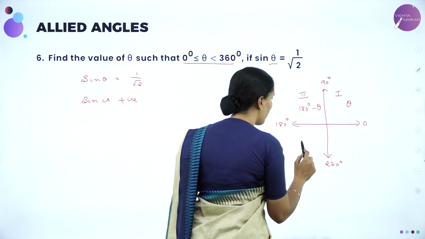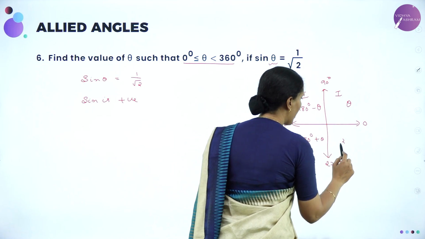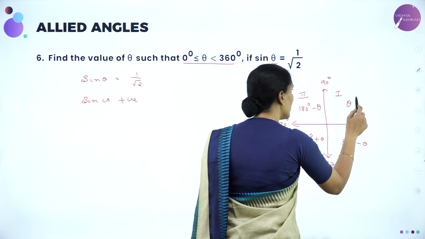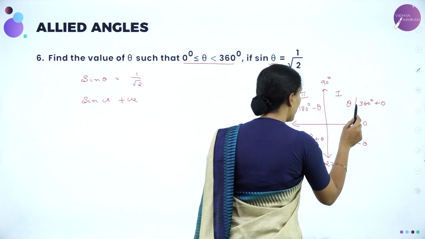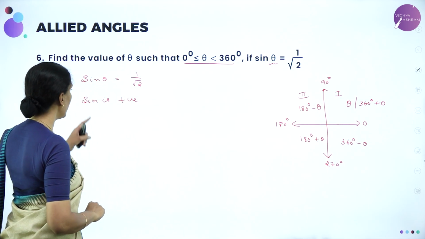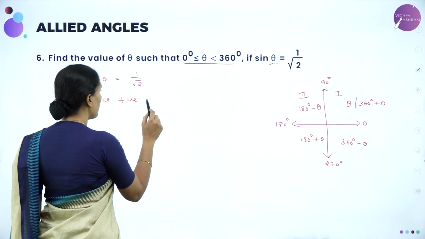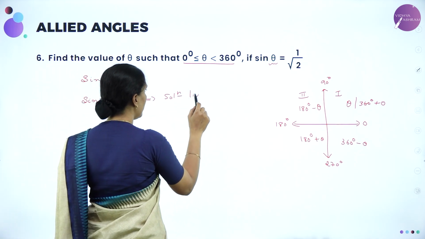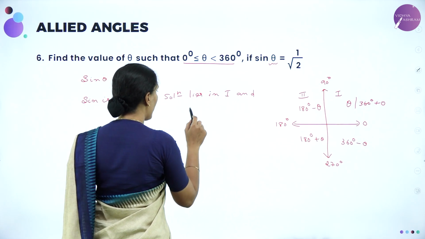Any angle in the third quadrant can be written as 180 plus theta. And a fourth quadrant angle can be written as 360 minus theta, which can also be written as 360 plus theta. So remember these rules when you are finding the solution for theta. Now here sine is positive, so this implies the solution lies in the first and second quadrant.